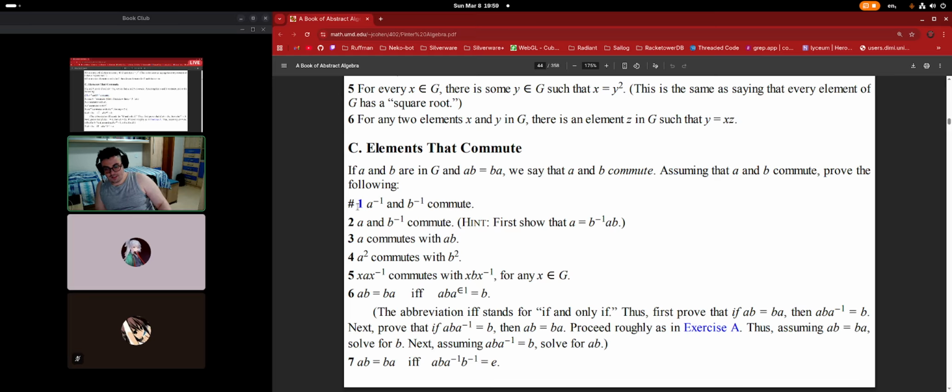Because what you're gonna do, you're gonna say that A inverse times B inverse equals B inverse times A inverse. But you're gonna have to do some rearrangements, right? That's essentially the trick here. But which arrangement are you gonna do?